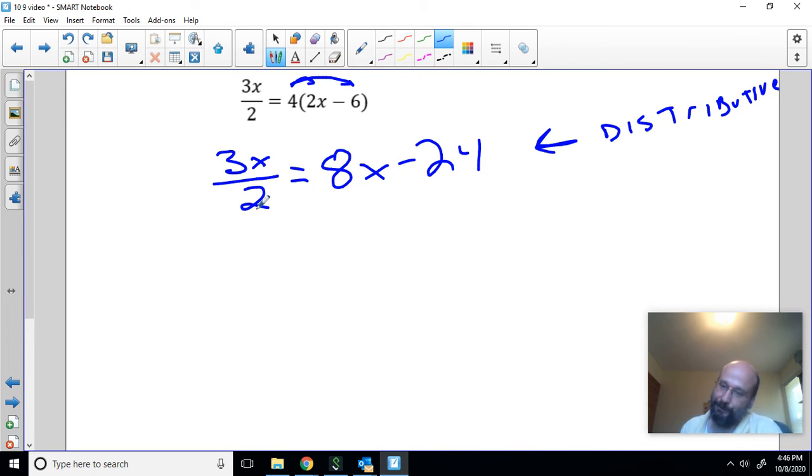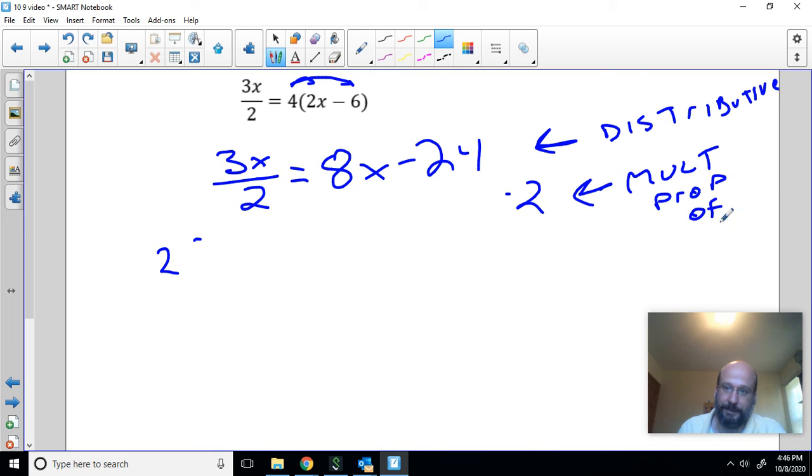Now we need to get rid of this fraction. The bottom number in this fraction is a 2, so we need to make it not a fraction. And again, we know how to do that. We multiply everything by 2. So I'm going to multiply all of this by 2 and all of this by 2. That's the multiplication property of equality.